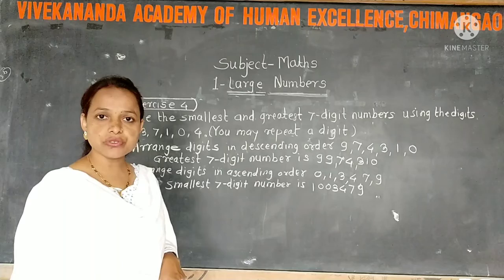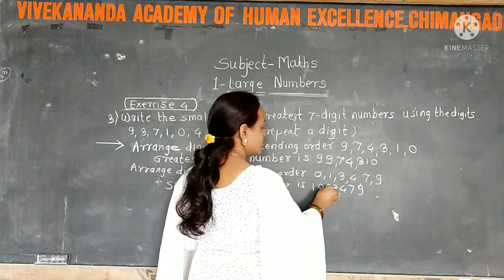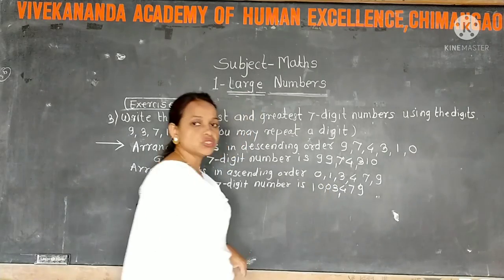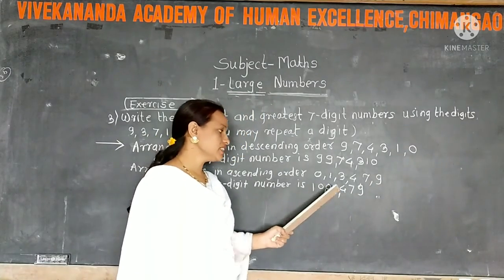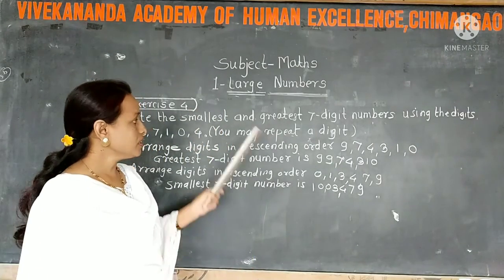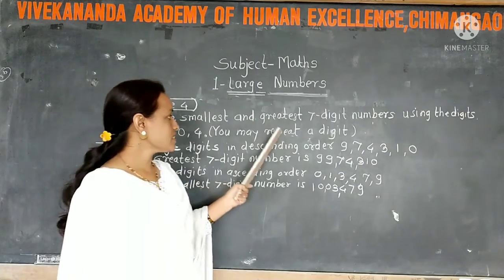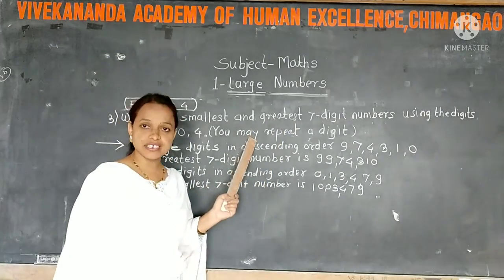Now we put the comma to separate the period. We get ones, tens, hundred, thousand, 10,000, lakh, 10. So we get here smallest 7-digit number is 10 lakh 3,479.